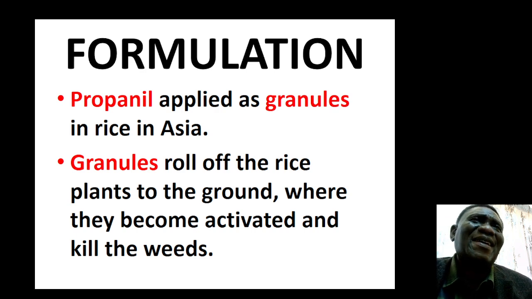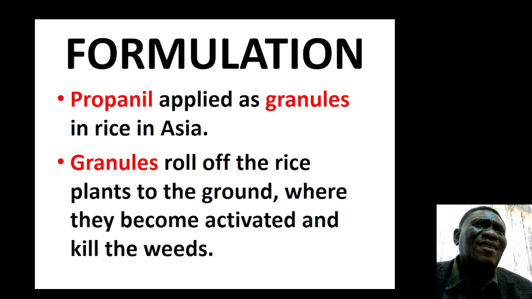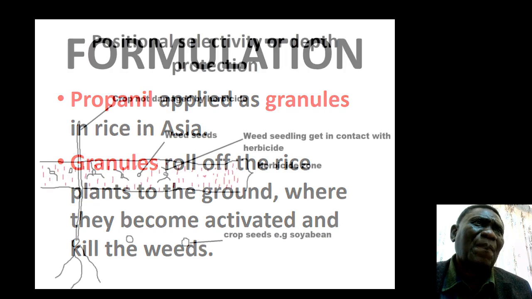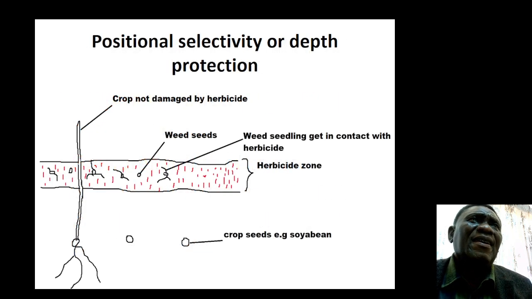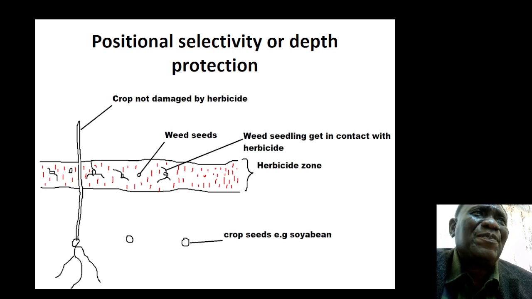In Zimbabwe, we don't use granulated herbicides. So granules can roll off rice plants to the ground, where they become activated and then subsequently kill weeds. This is positional selectivity or depth protection.